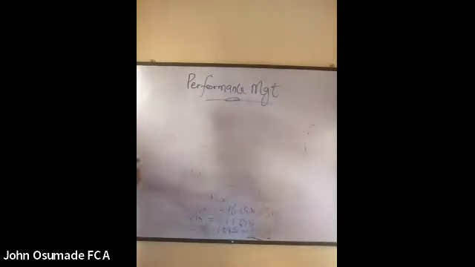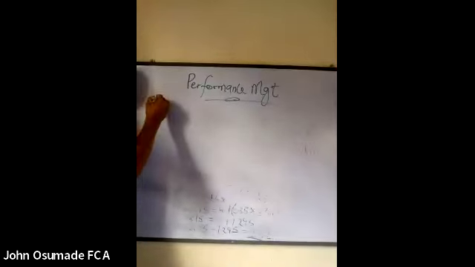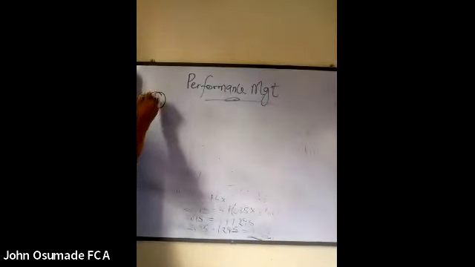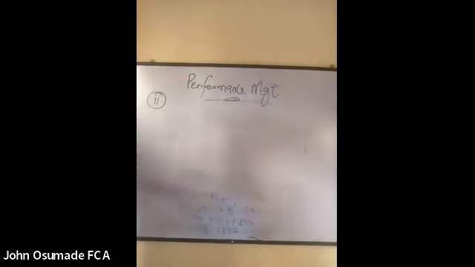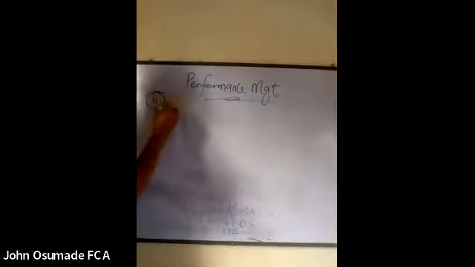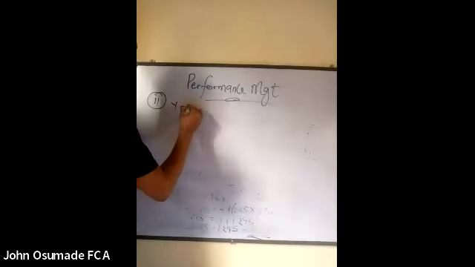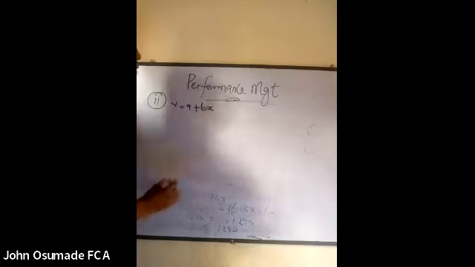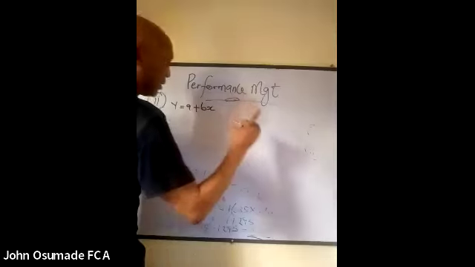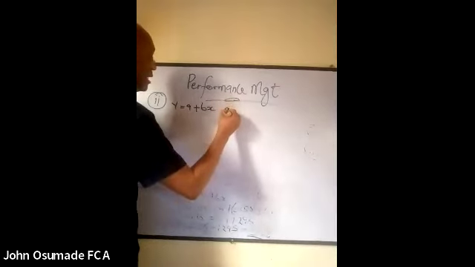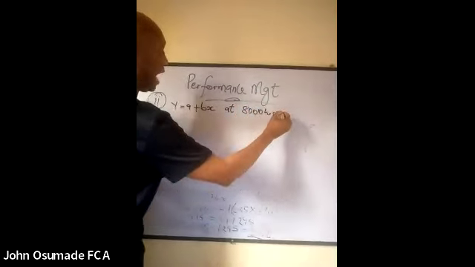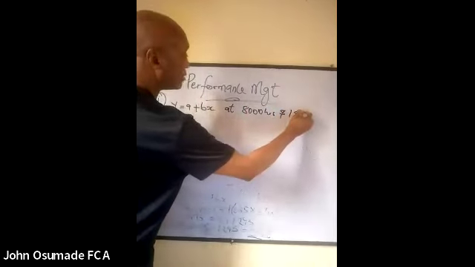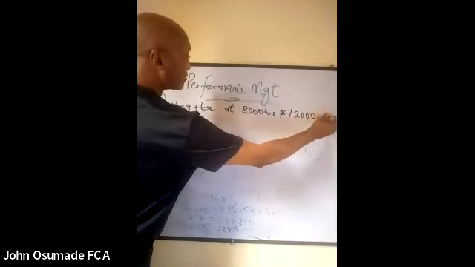Now, question 2 said we should use our fixed cost that we determined and the variable cost, which is y equals a plus bx, to determine what the total cost will be at the level of activity of 8,000 hours and 12,000 hours respectively.